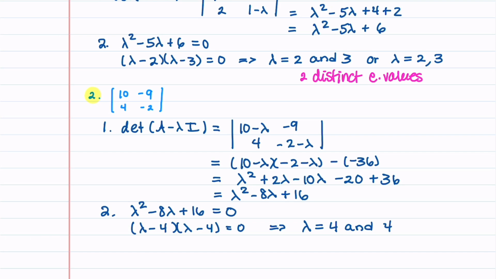You can also choose to write this as lambda is equal to 4, and then in parentheses, you write multiplicity 2. That just means that there are 2 lambdas equal to 4. Let's now categorize this example. This is an example where we got 2 repeated eigenvalues.